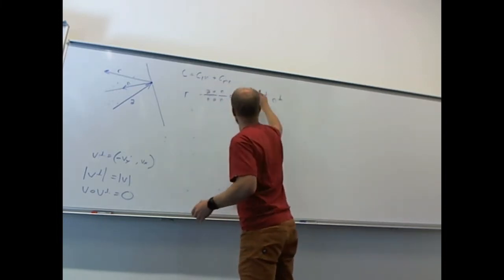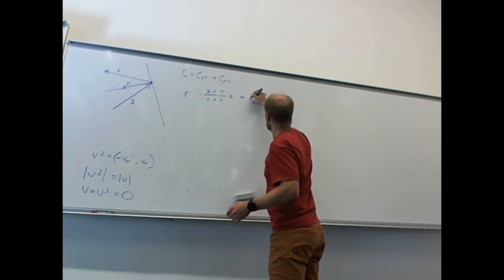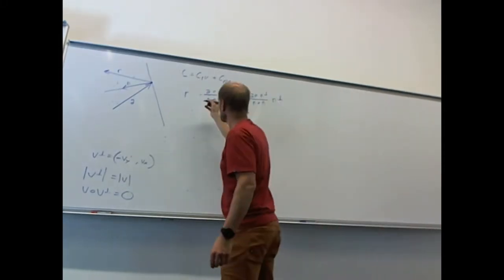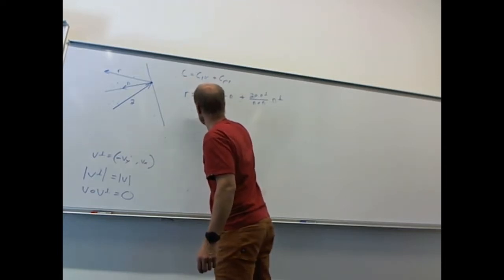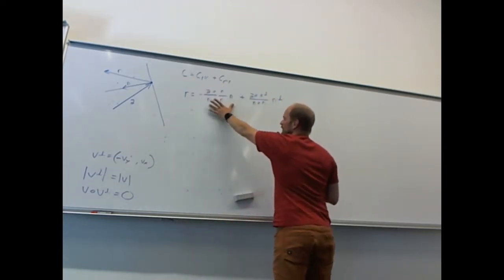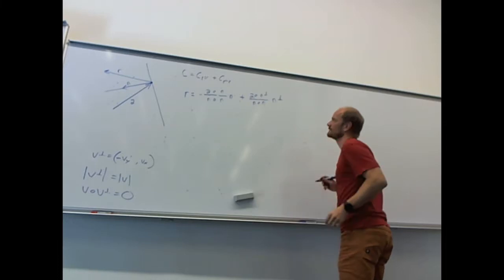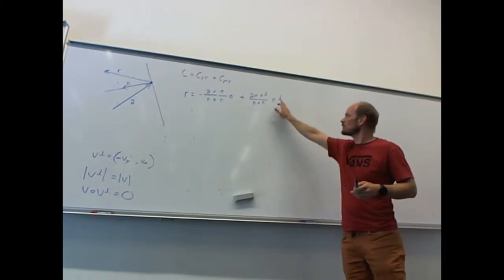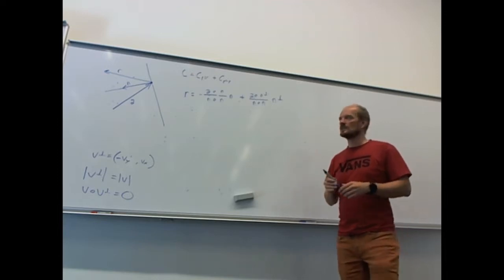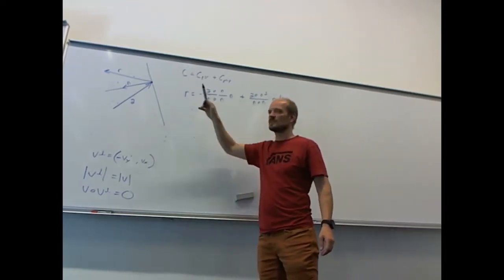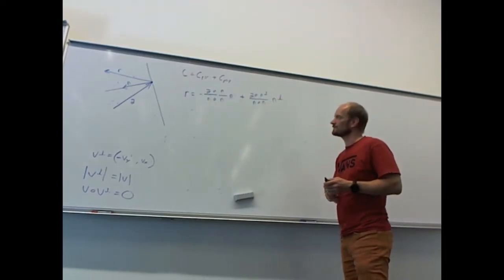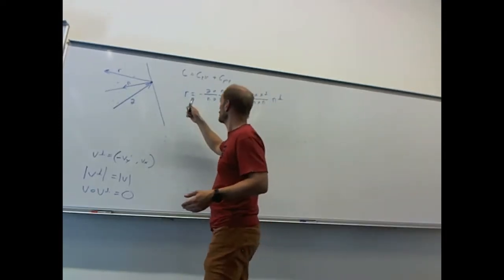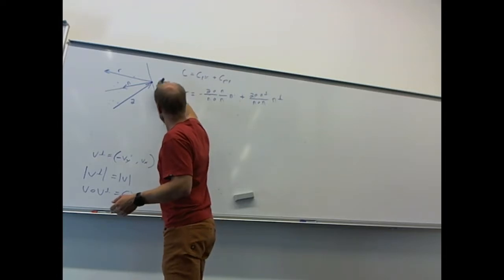So I'm just using the same thing, I'm just changing the names a little bit. So the reflected vector equals minus this part plus this part. How can I lose this perp vector here? Like, what is R originally? Or what is A originally?